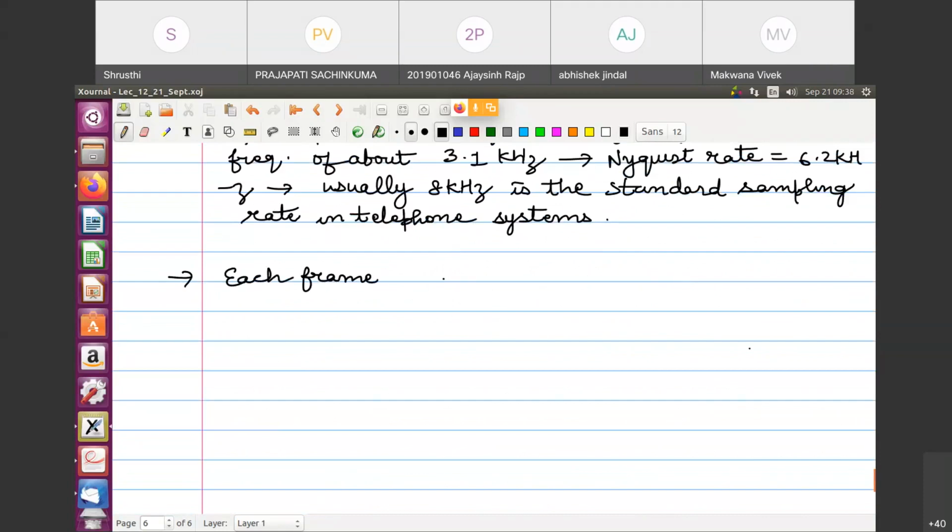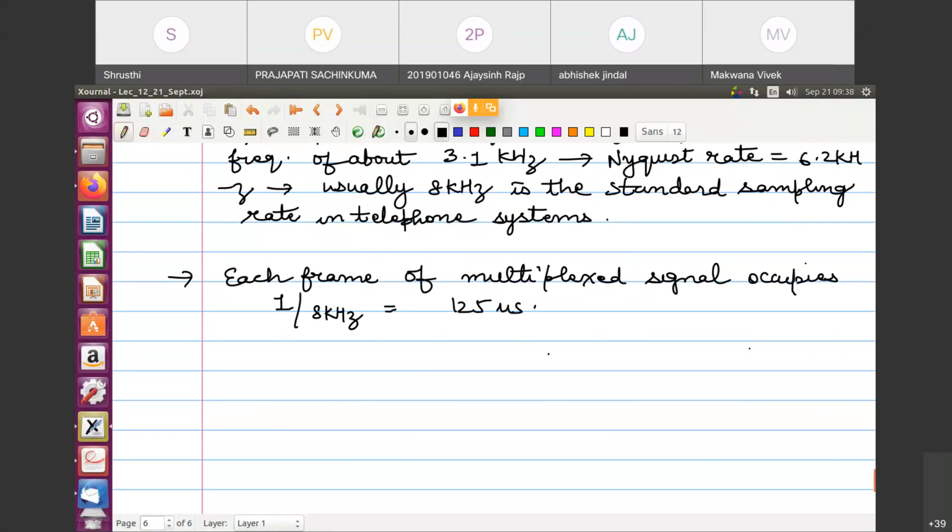So each frame of multiplex signal occupies 1/8 kilohertz, which is equal to 125 microseconds.